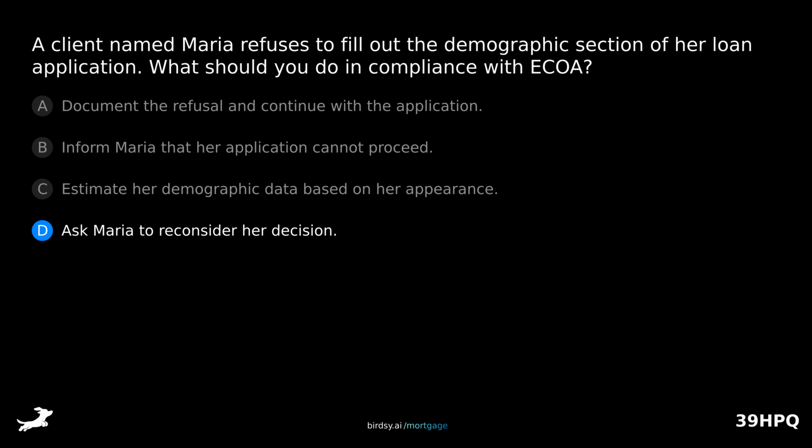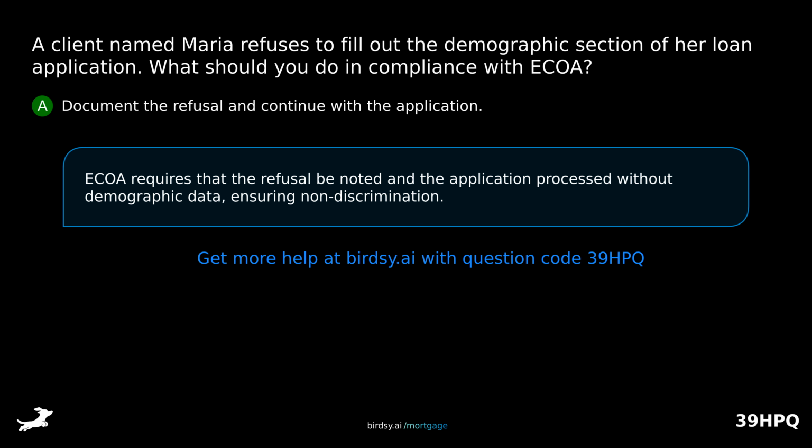Or D, ask Maria to reconsider her decision? The answer is A, document the refusal and continue with the application. ECOA requires that the refusal be noted and the application processed without demographic data, ensuring non-discrimination.